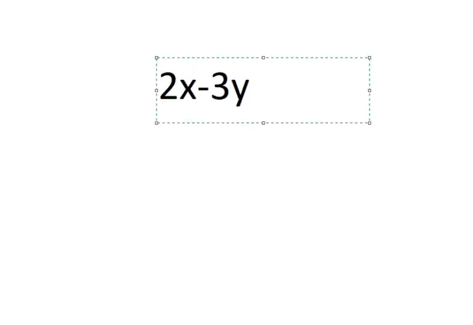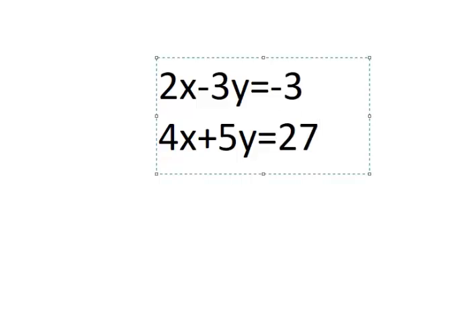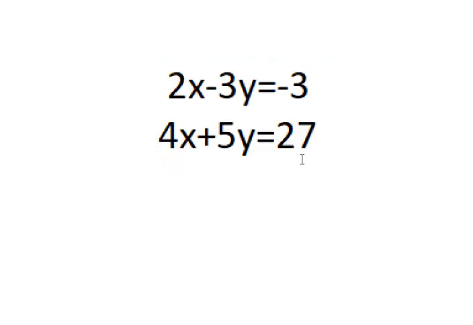That one will be 2x minus 3y equals -3, and 4x plus 5y equals 27. So we have this exercise, and you can easily see that y is not gonna be eliminated if I draw a line in here and I start adding or subtracting depending on the signs.